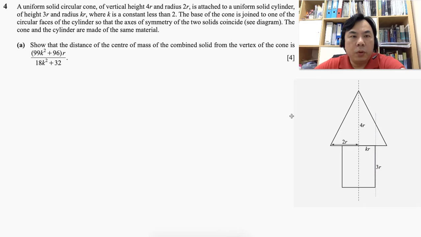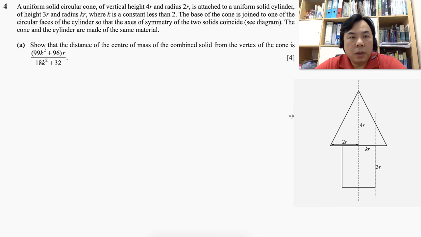Question number 4 is a problem about center of mass of a rigid body. A uniform solid circular cone, you can see it from the diagram here, of vertical height 4r and a radius 2r, is attached to a uniform solid cylinder. So the cylinder is below the cone itself.